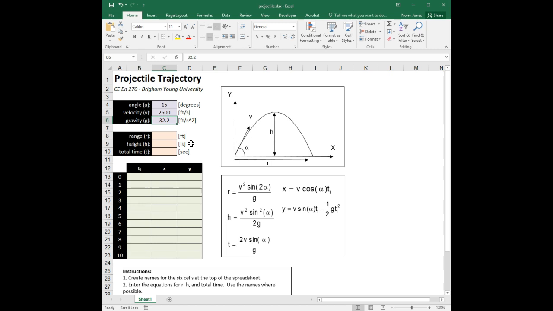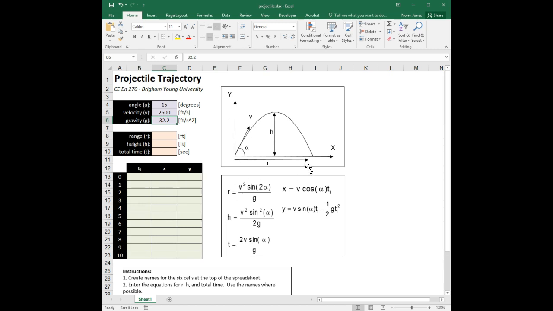And then we're going to use these formulas, which is part of basic physics. Sometimes this is a branch of physics called dynamics. And if you ever take an engineering degree, you'll take a course in dynamics where you'll discuss these equations among several others. And so the first equation here is the range.